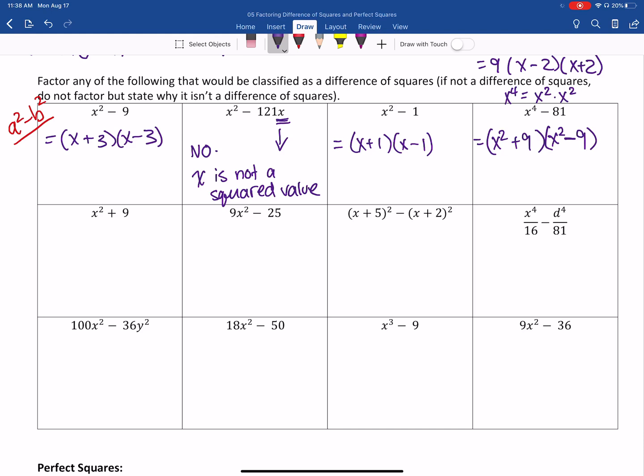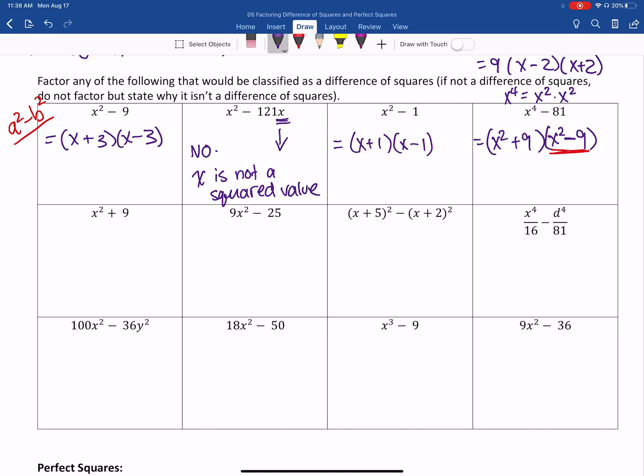Now, if you stopped here, I totally understand. You would get almost full marks. However, make sure that you always reassess to see if something can be factored again. This right here is a difference of squares. I always say perfect, but that's different.